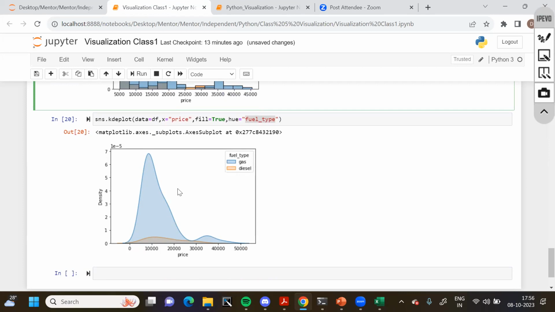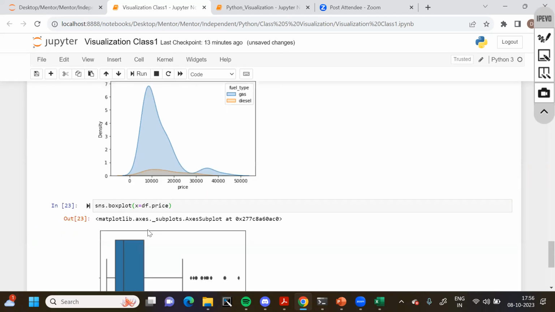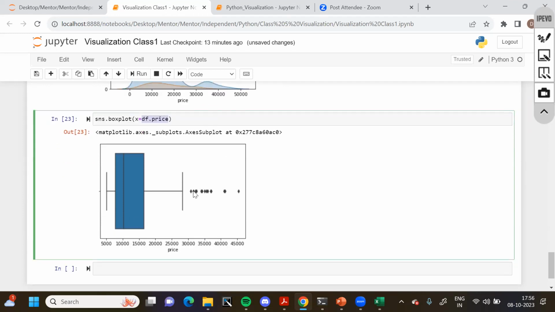So this is the one point. Now suppose I want to see how price is. Price you have seen. Now you can see the box plot. You can write simply the price: if you give simply x is equal to df dot price, it creates a box plot. Box plot, you remember it.